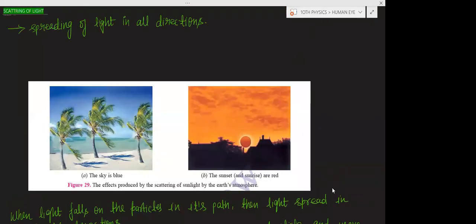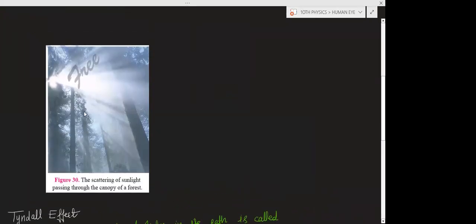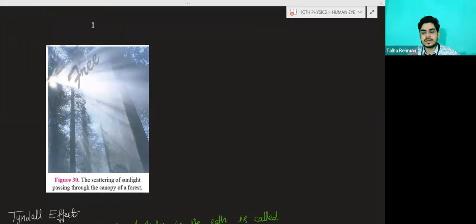After that, we will have the Tyndall effect. So for the Tyndall effect, see this picture. Here, sunlight is coming through the trees, and you can see this white-colored portion. Here there are particles, or water droplets, of moisture.